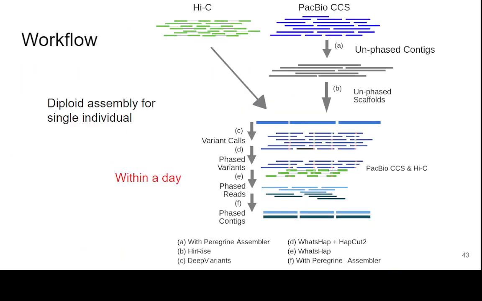That uses only short reads? So it's Hi-Fi reads. We use Hi-Fi and Hi-C here, and we call variants here using DeepVariant. SNPs. Okay.